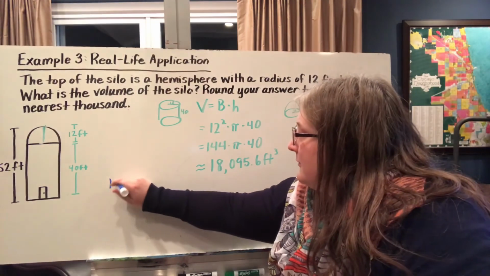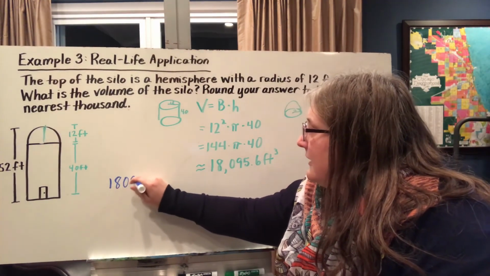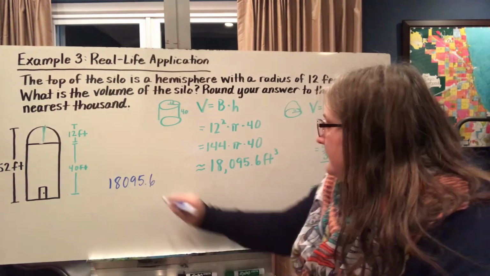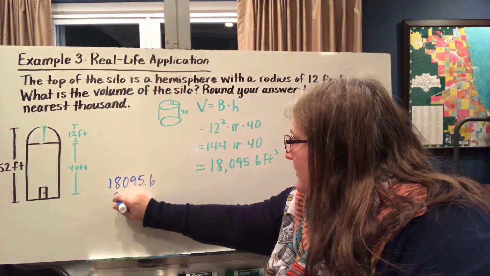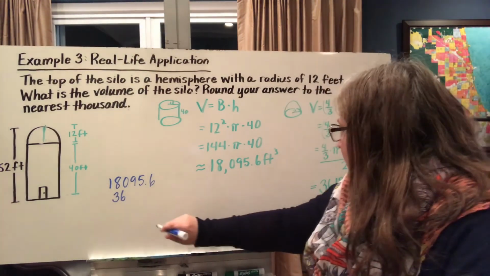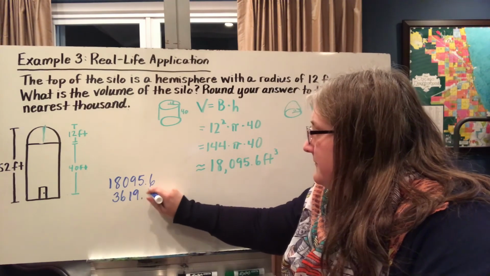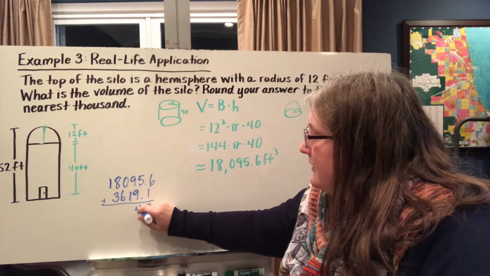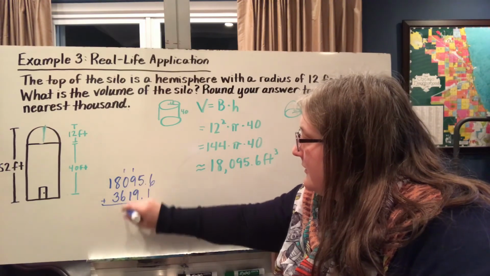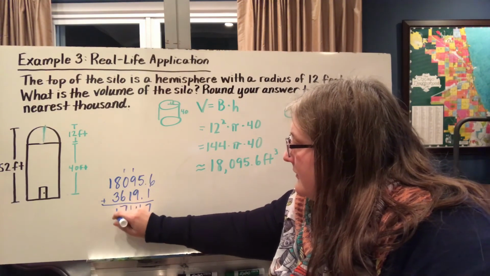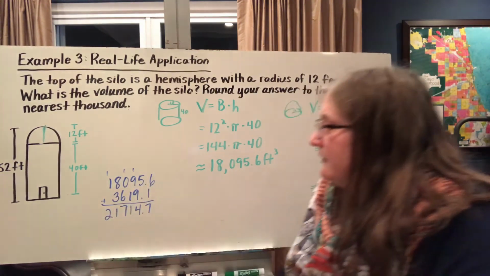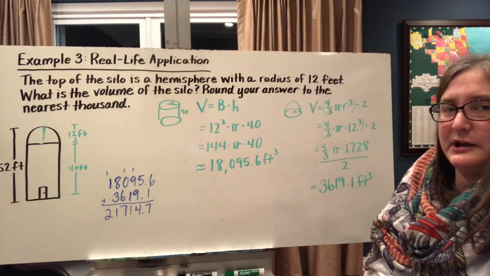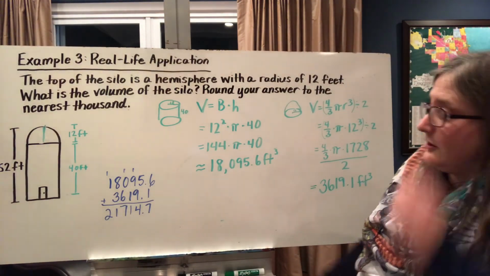So if I'm going to add these two together to get the complete volume, I'm going to add my 18,095.6 and my 3,619.1, and I'm going to get 21,714.7 feet cubed.